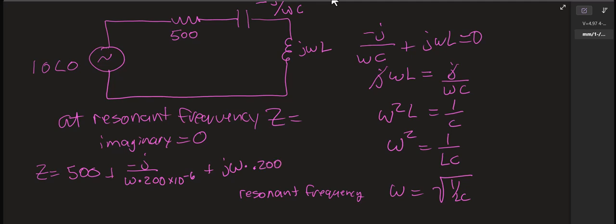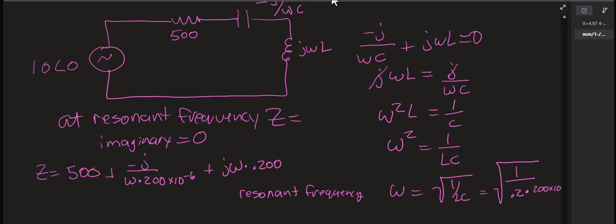And we know that omega is the square root of 1 over L, which is 0.2, times 200 times 10 to the negative 6.